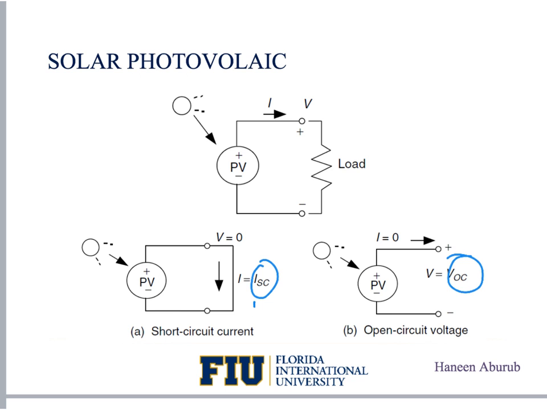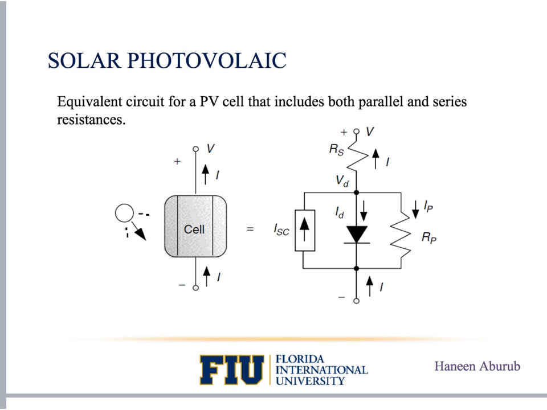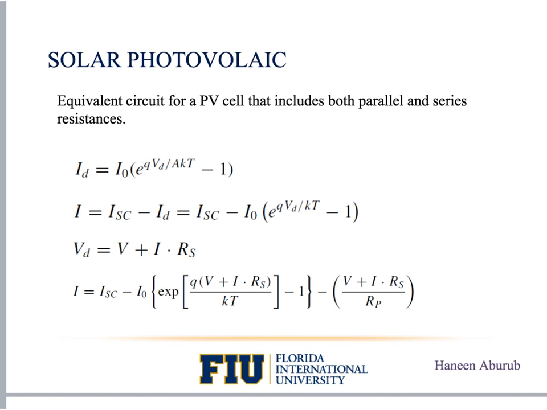Okay, here we can see the equivalent circuit for a PV cell that includes both parallel and series resistances. This is the parallel resistance and this is the series resistance for the cell. Now, for the solar equivalent circuit, we can get these mathematical expressions that describe the circuit and how it operates.